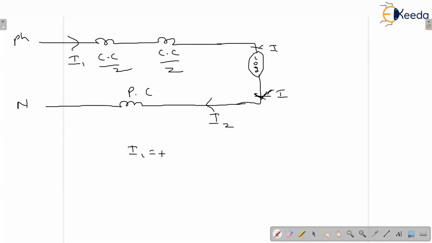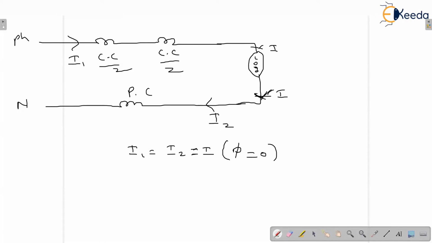So guys, since all are connected in series combination, I1 is equal to I2 is equal to I. Since phi is equal to 0, all are connected in series, so the phase difference between I1 and I2 is 0.